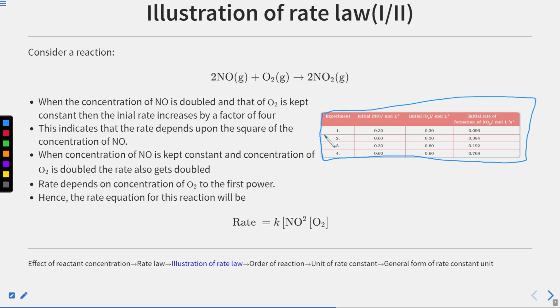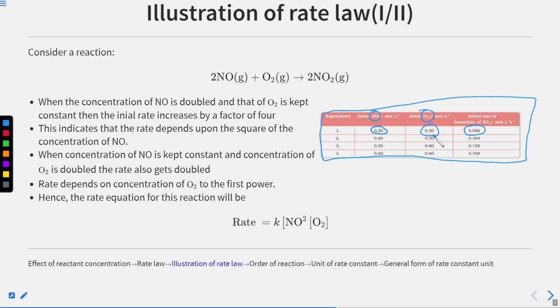First of all, you can see that we have initially taken 0.30 molar concentration of NO and 0.30 molar concentration of oxygen. Due to this, we got the initial rate as 0.096.